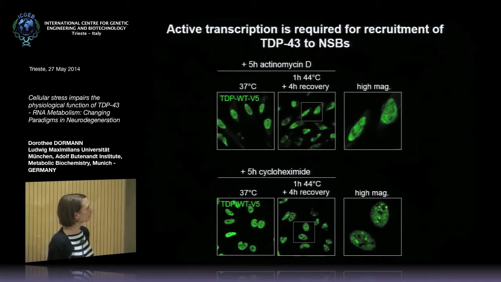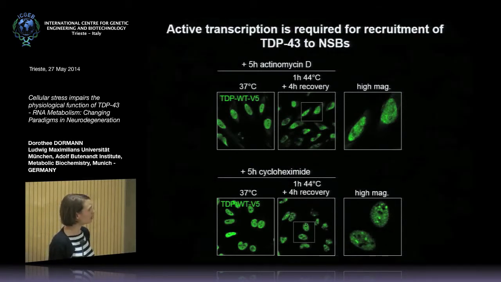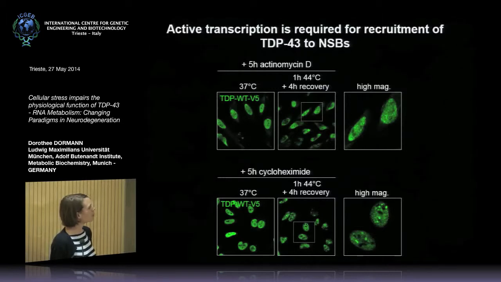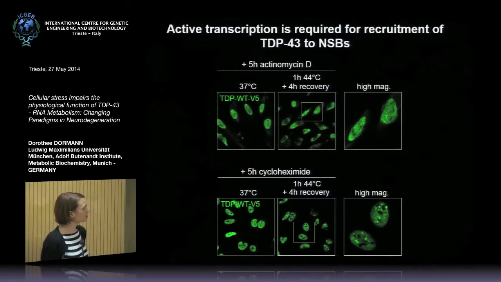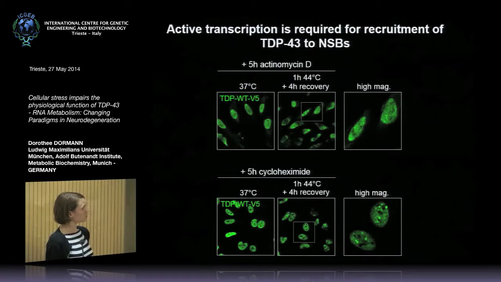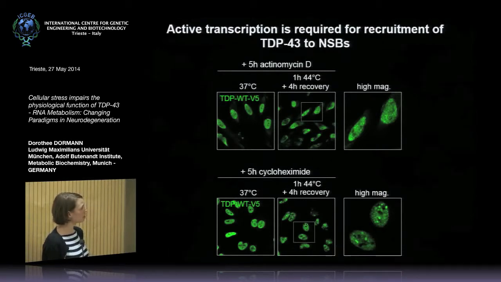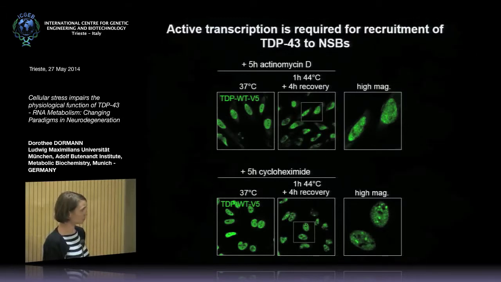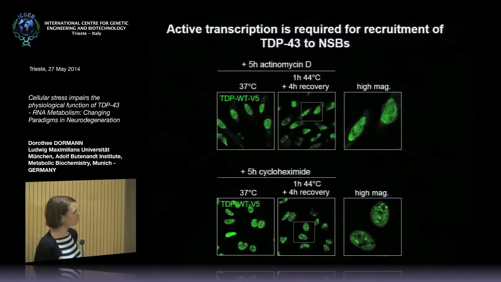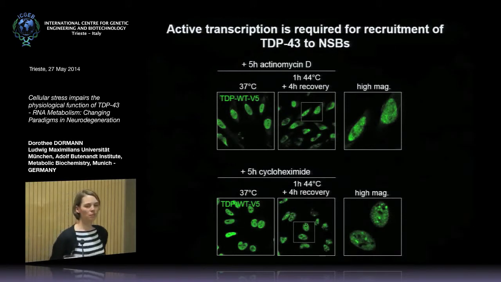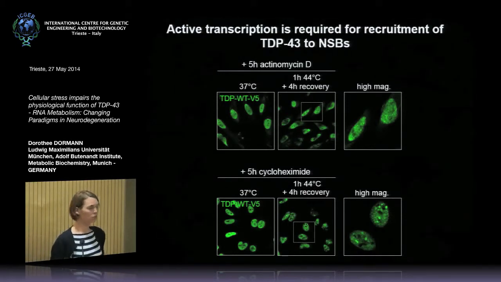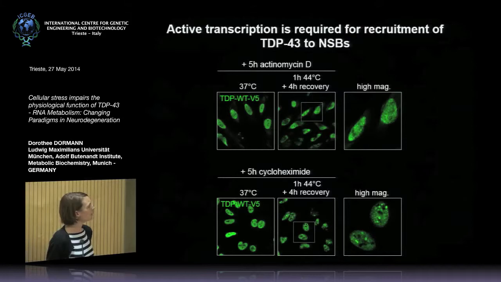If we add actinomycin D, a transcriptional inhibitor, but not a translational inhibitor, to our cells to completely prevent new RNA synthesis, this will prevent localization of TDP-43 into these granules. So this is consistent with TDP-43 being recruited to these nuclear stress bodies.